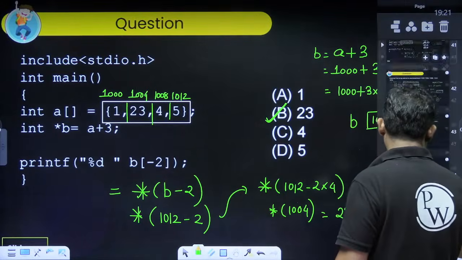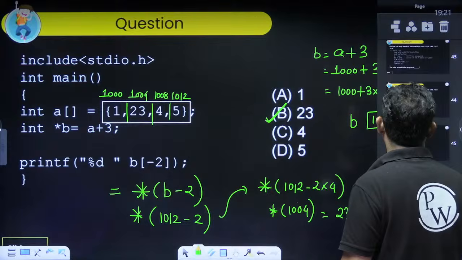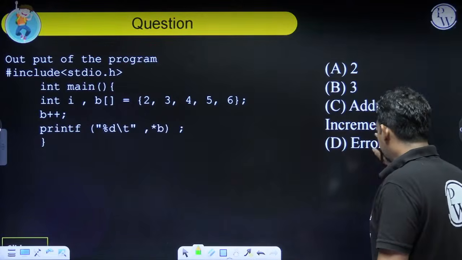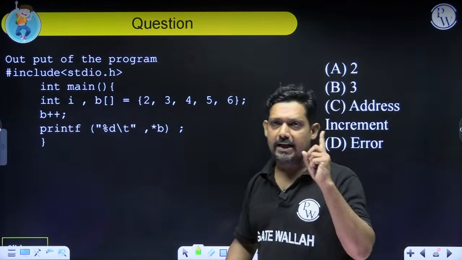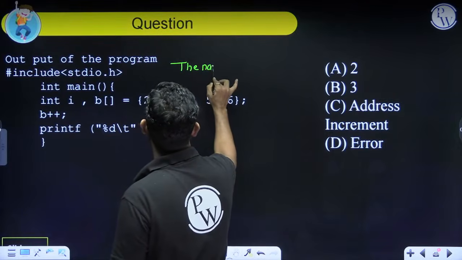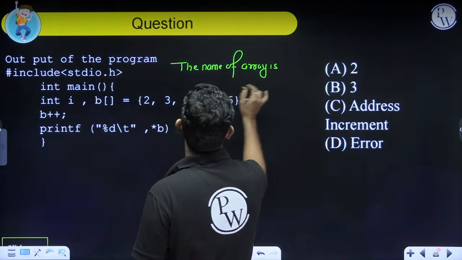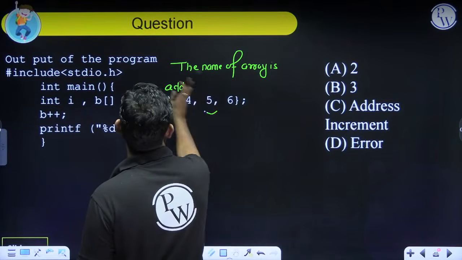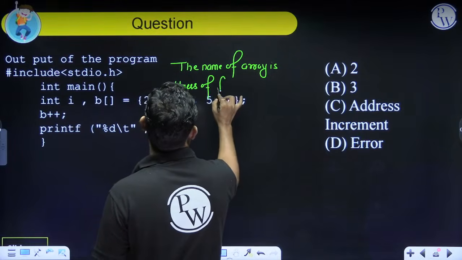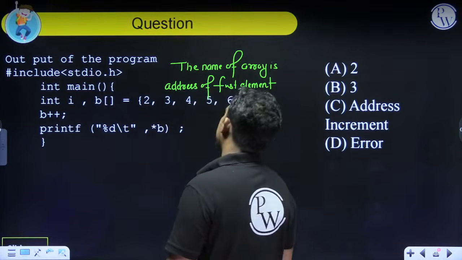It's a knowledge based question. The understanding is this: the name of the array is the address of the first element.